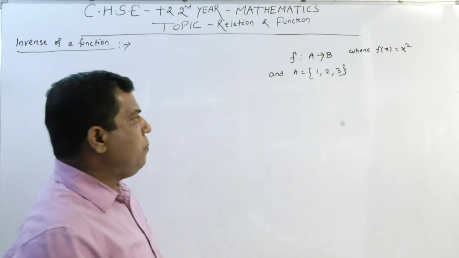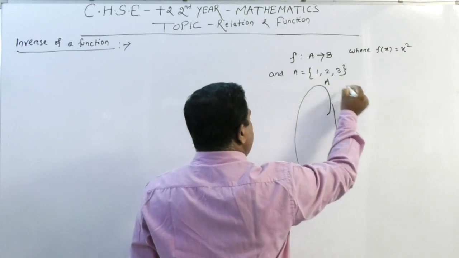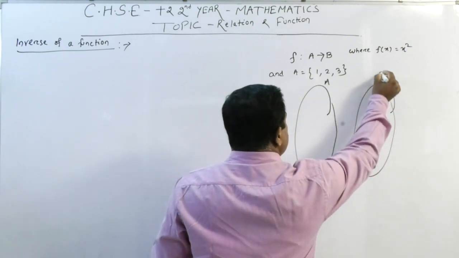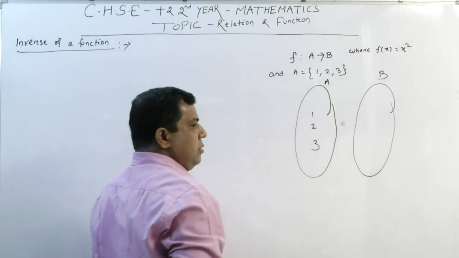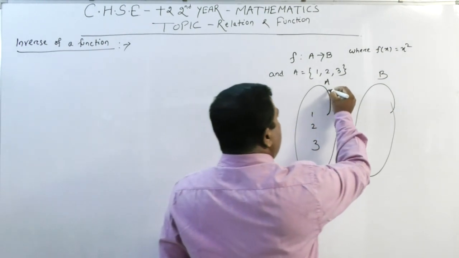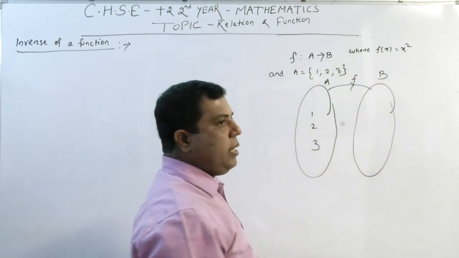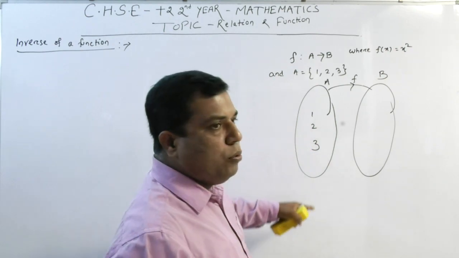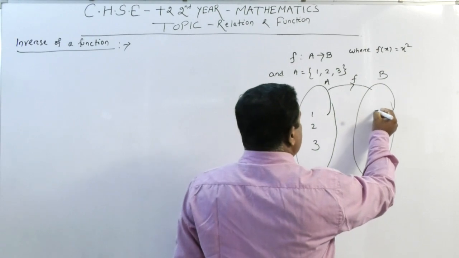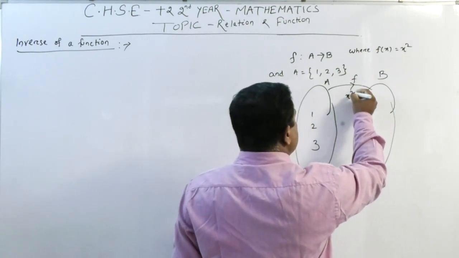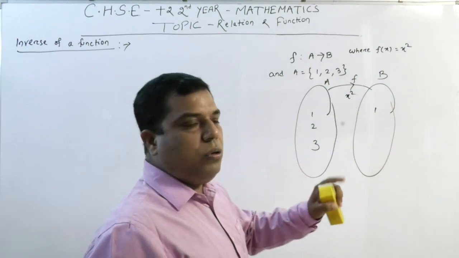If we go for the pictorial representation, it is the set A, and let this be set B. So there is 1, 2, 3, and f is defined from A to B as f of x equals x square. If I give these inputs, what are the outputs I obtain? 1 has the output 1 square, which is equal to 1.